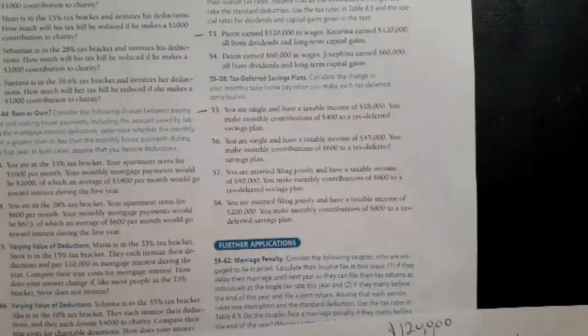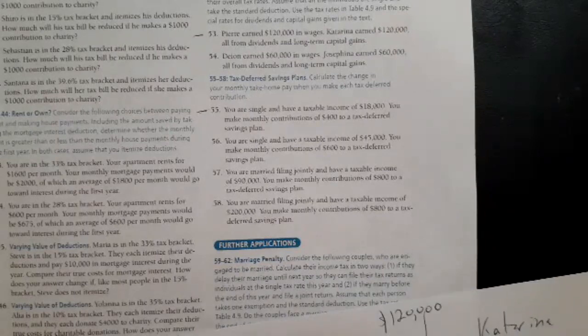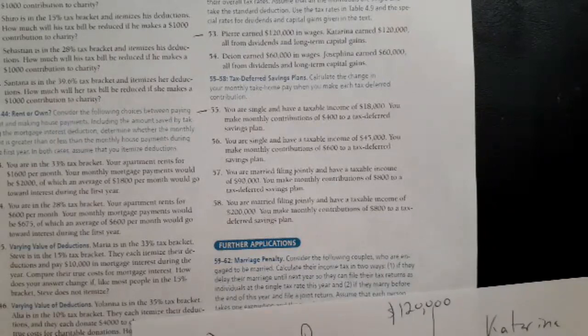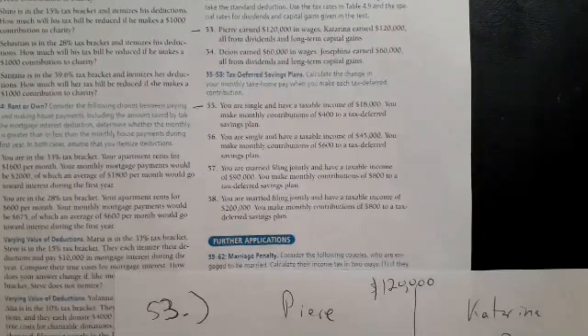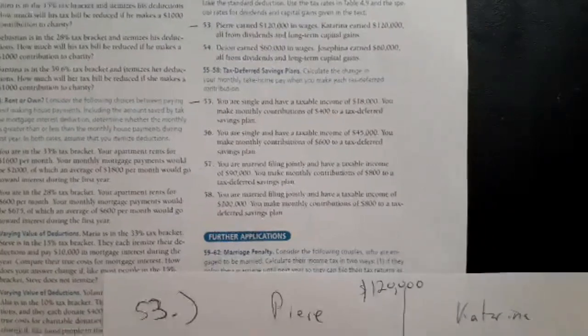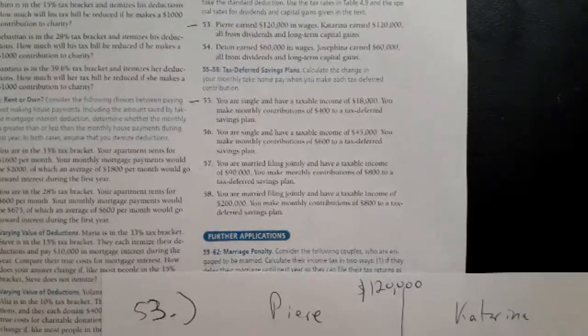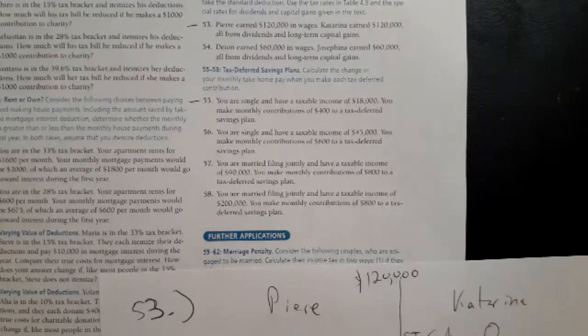Let's see. And it's a little bit tricky. If it's FICA and she's earning it from dividends and capital gains, how much does she pay in FICA? They're trying to be a little tricky. Someone's saying it.